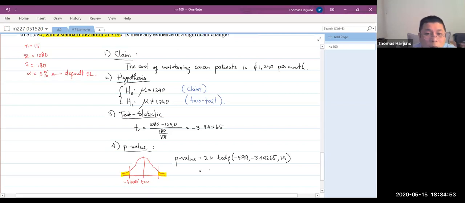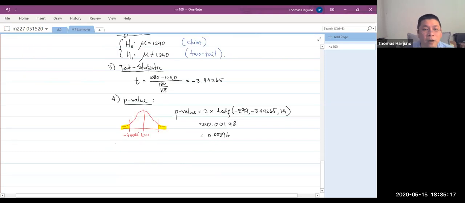That's 0.002 times of that, 2 times that, 0.198, which will be 0.00396. It's very small, huh? That's very, very small. So my step 5, informal conclusion.